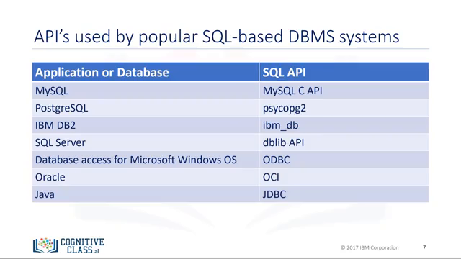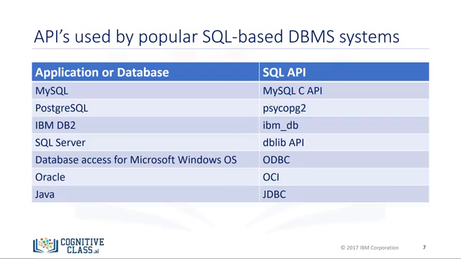Now let's learn basic concepts about some of the proprietary APIs used by popular SQL-based DBMS systems. Each database system has its own library. As you can see, the table shows a list of a few applications and corresponding SQL APIs. MySQL API provides low-level access to the MySQL client-server protocol and enables C programs to access database contents.